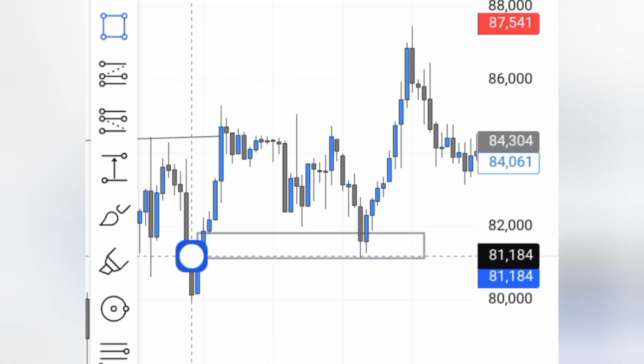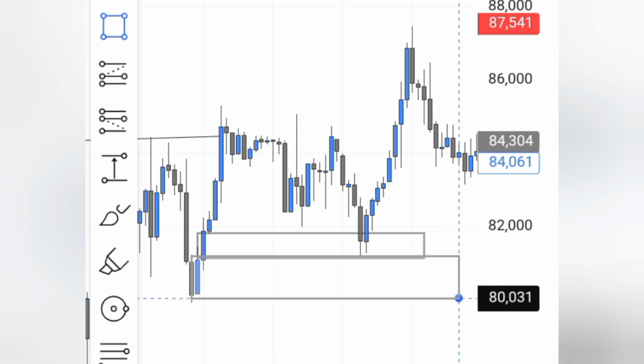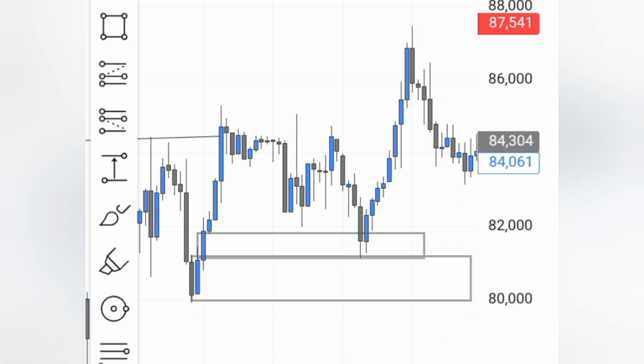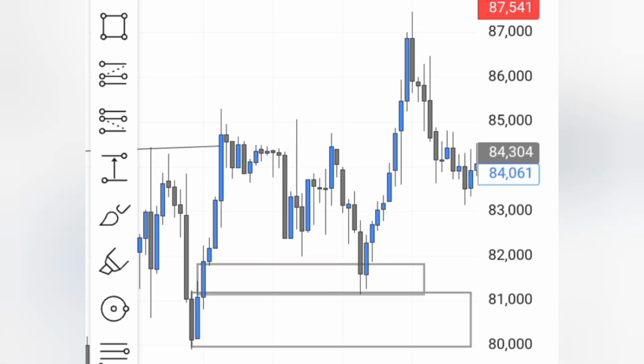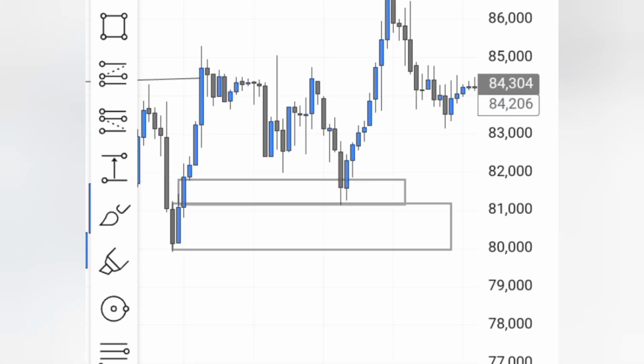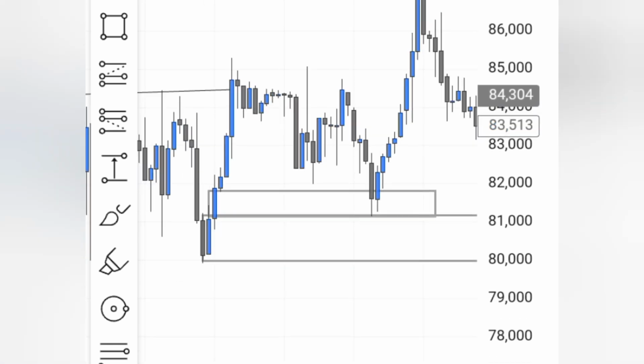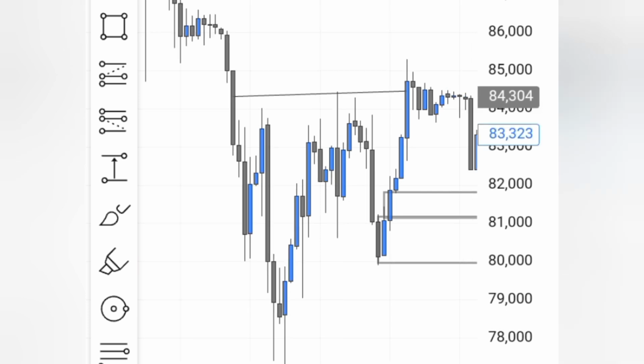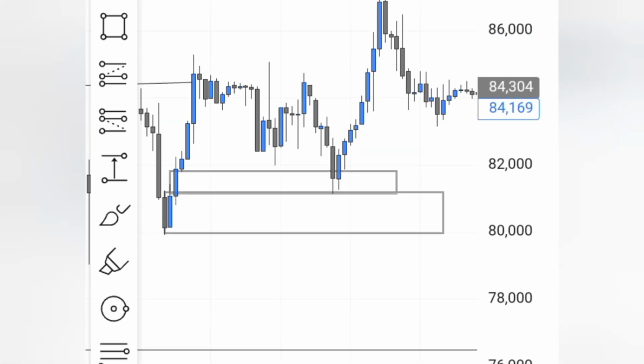And you will see that when there is a fair value gap, that zone is a high probability one, and it always has to turn from either a fair value gap or an order block. You can see that zone, right?